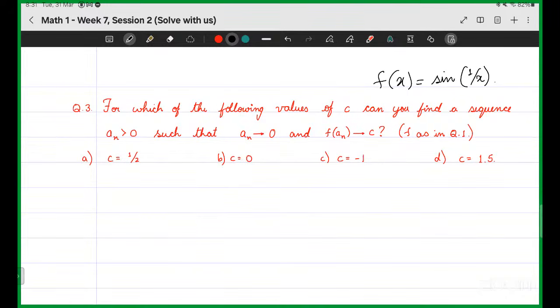Sir, yes, I think -1 is possible. What about half? What about 1.5? What about 0? Half is also possible because it is between -1 and 1, the range of sine.